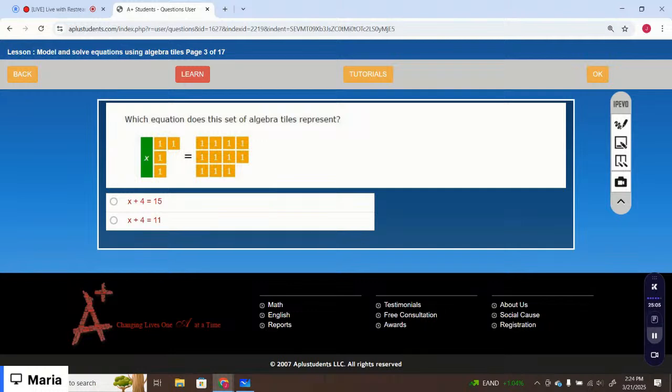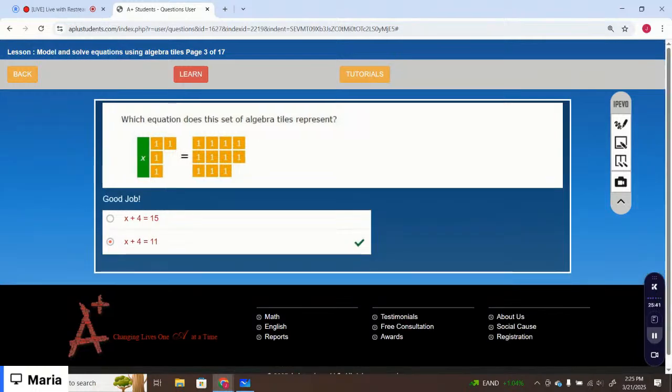Which equation does the set of algebra tiles represent? That is x plus 4 equals 11. Option number 2 is the correct option. X plus 4 equals 11.